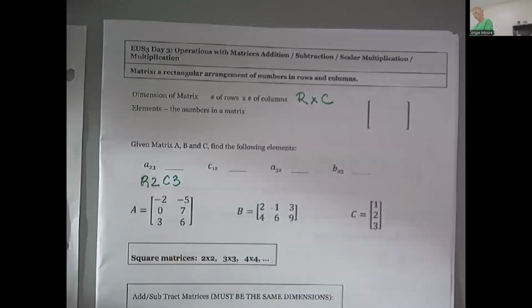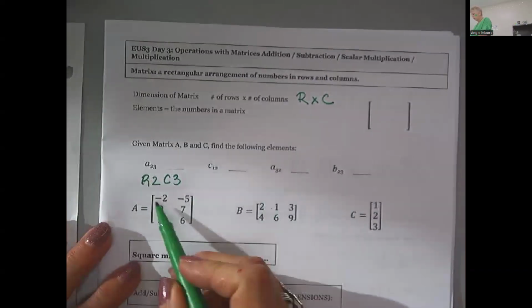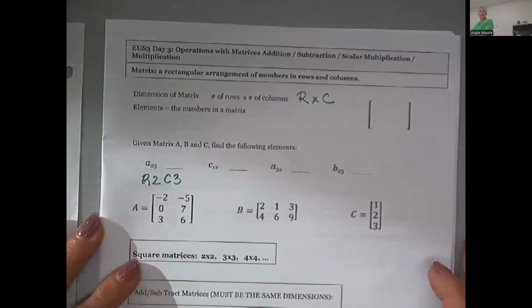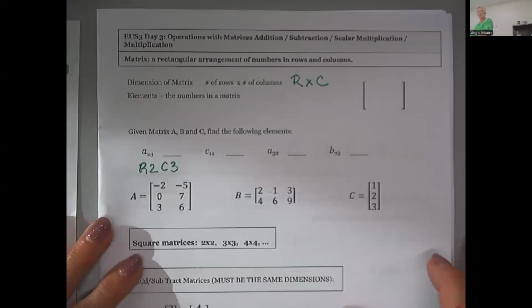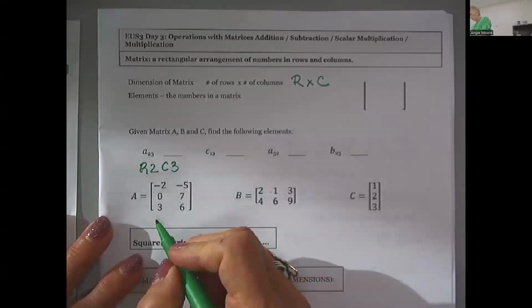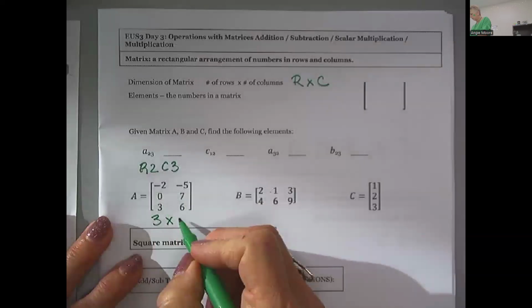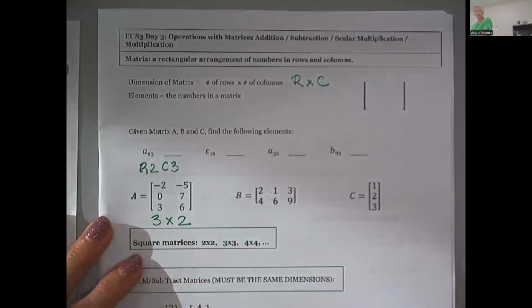So again, when we look at matrix, we look at rows and columns. And so matrix A, let's talk about this real quick. Matrix A actually has 3 rows by 2 columns. So it is a 3 by 2 matrix.